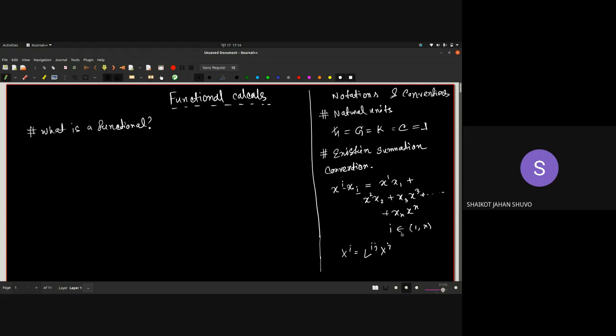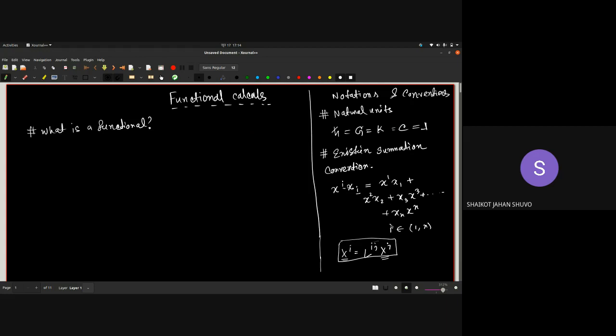We just omit the summation sign. This can be a column vector, these x's, and this L can be a matrix. So we'll try to clarify those things as well. This is only valid or convenient to use if you're working in flat space-time dimensions. That means there is no intrinsic curvature.